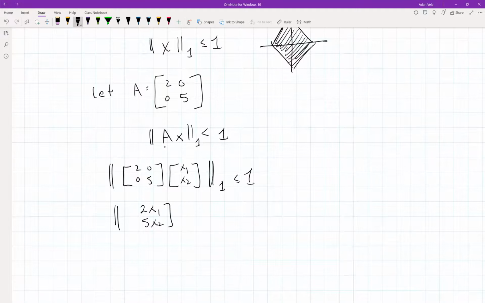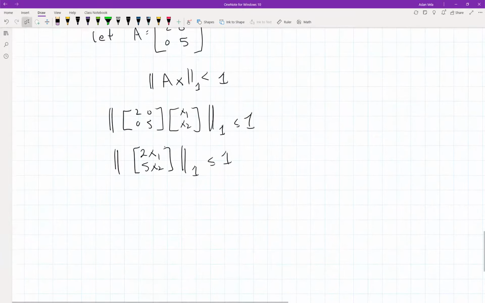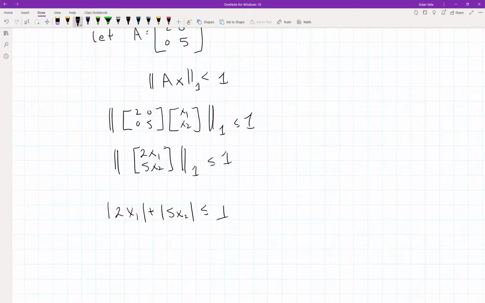That's the vector inside of the norm, and that L1 norm has to be less than or equal to 1. There are a few ways to expand this out. One way would be the absolute value of 2x1 plus the absolute value of 5x2 is less than or equal to 1.